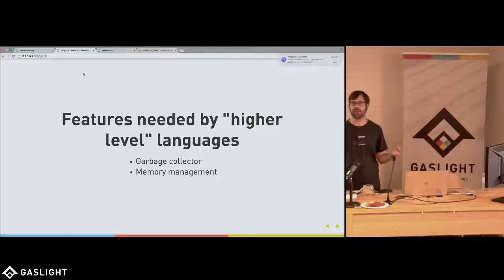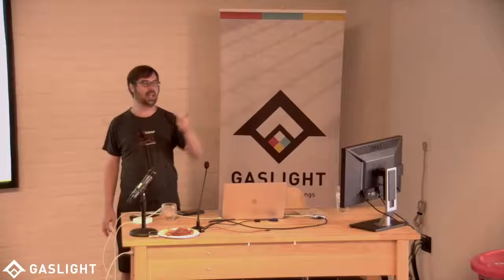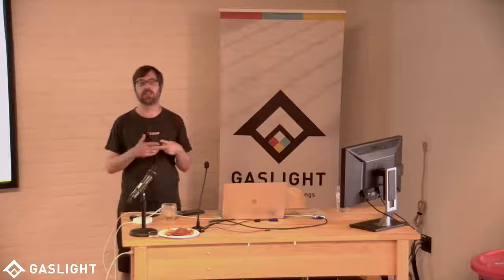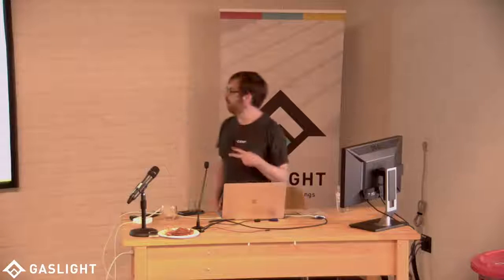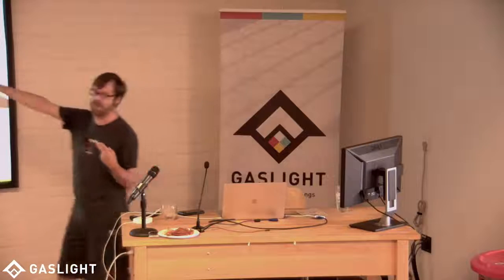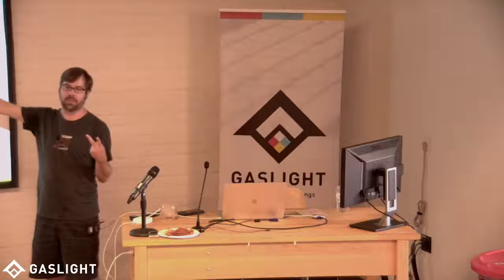If you think about a language like Ruby, you never have to allocate memory yourself. You just make objects willy-nilly, and there's this thing called the garbage collector that keeps track of who's using those objects, and if nobody's using them, it cleans up that memory for you so that you don't run out of it. Garbage collector and memory management are just different ways of saying the same thing.